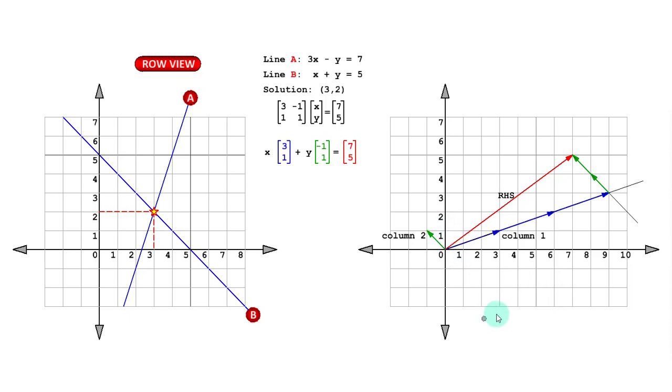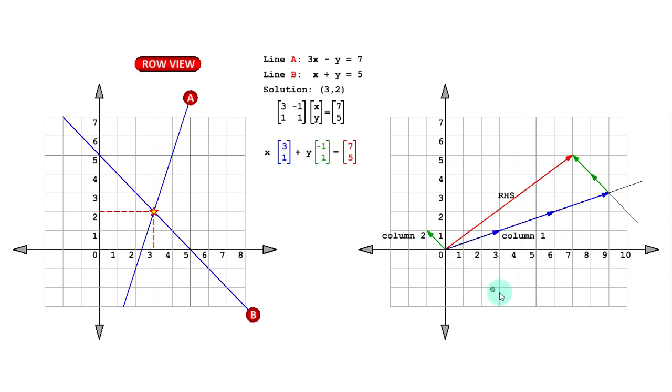So here is the recipe now. If you want to go from here to there, in other words, if you want to cook this vector, what you need to do? You need to take 1, 2, 3 times the first vector and add to that 2 times the second vector. And that reveals the values of x and y. x is 3 and y is 2.